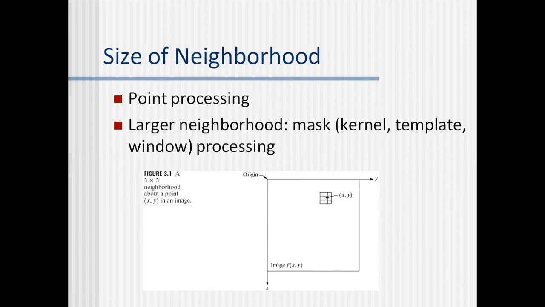In this total image, we take only some part of the image, say a 3 by 3 image, the so-called neighborhood. It is also called a kernel, template, window, subimage, mask, or filter. In any way we can call it: mask, filter, kernel, template, window, neighborhood, and subimage.